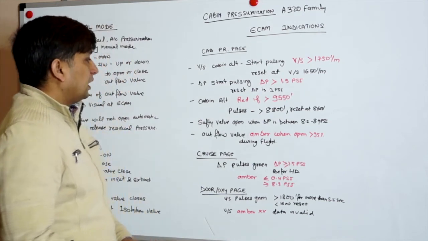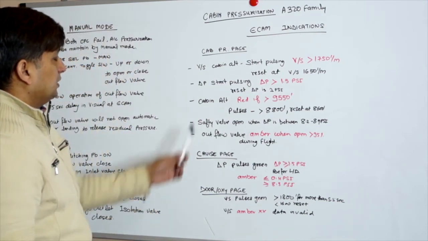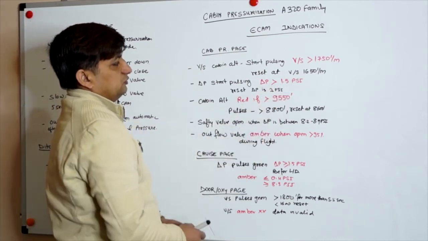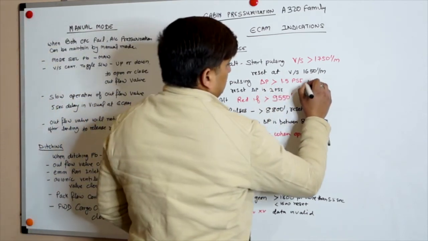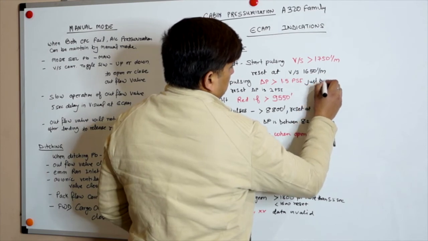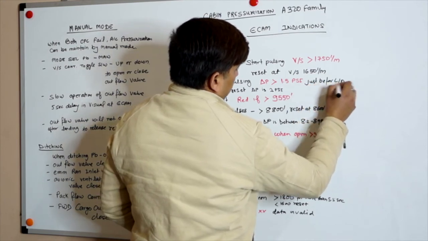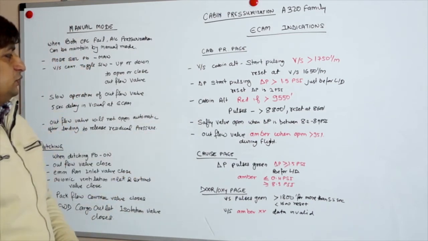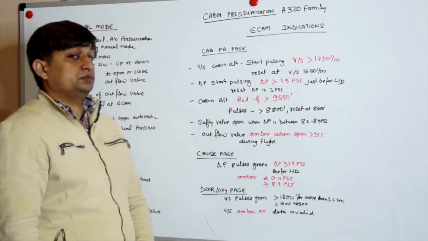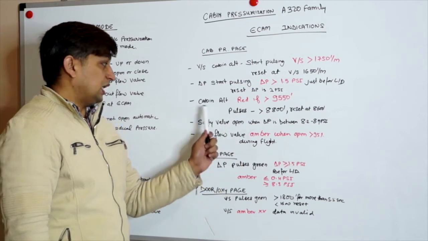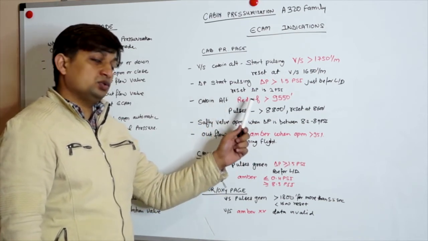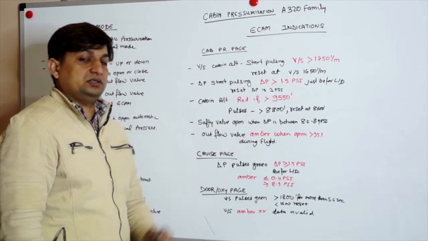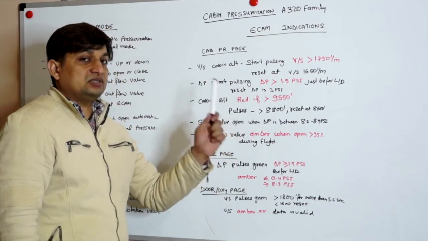And cabin altitude is mainly for the time just before landing. Cabin altitude indication will go to red if it is more than 9550 feet.